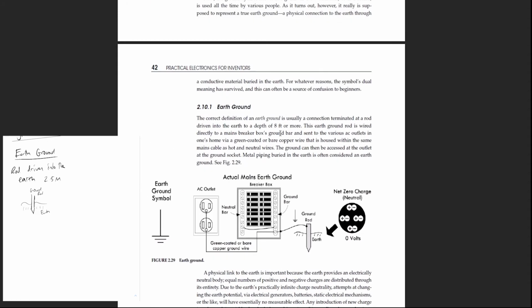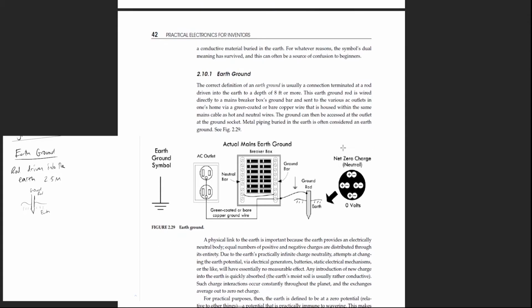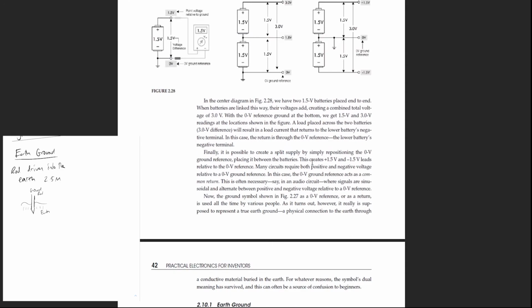So the correct definition of earth ground: this earth ground rod is wired directly to a mains breaker box ground bar and sent to various AC outlets in one's home via a green coated or bare wire. I didn't know that. So actually all of our homes are earth grounded. Interesting. Okay.